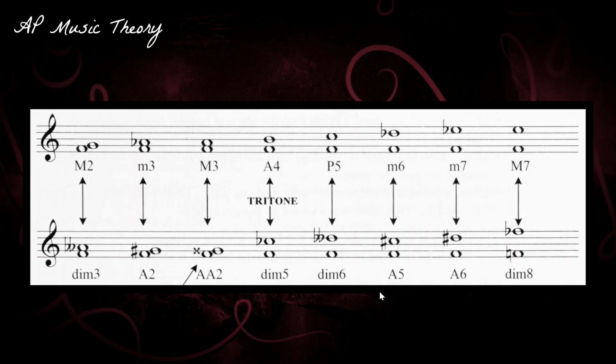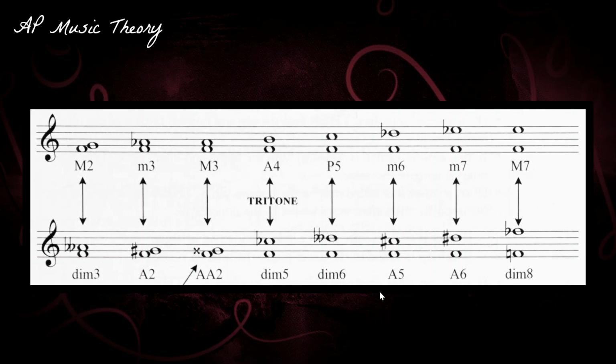So if the top note is in the major key of the bottom note, then it is major or perfect. If the top note is a half step lower than the diatonic note would be, then it is a diminished or a minor interval. And if the note is a half step higher, then it would be an augmented interval.